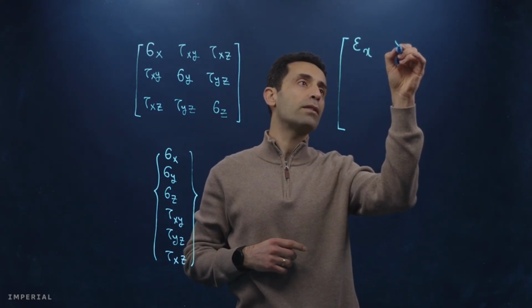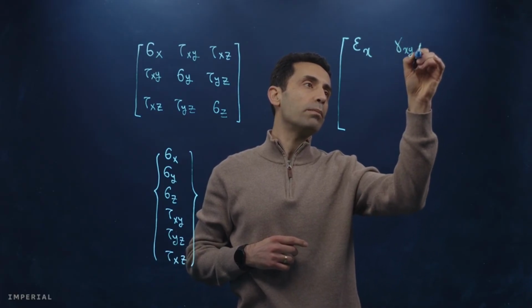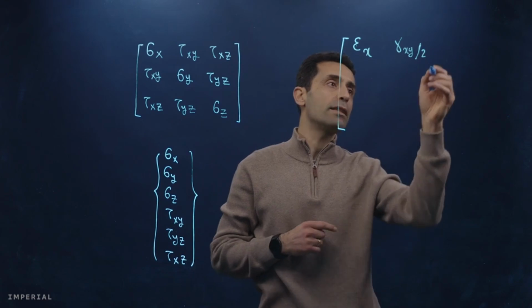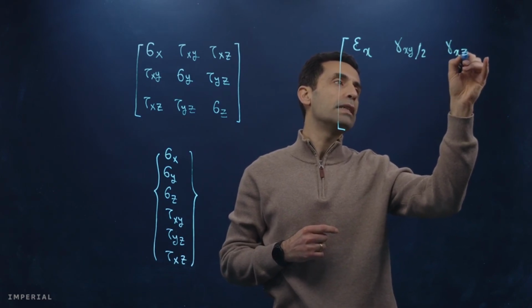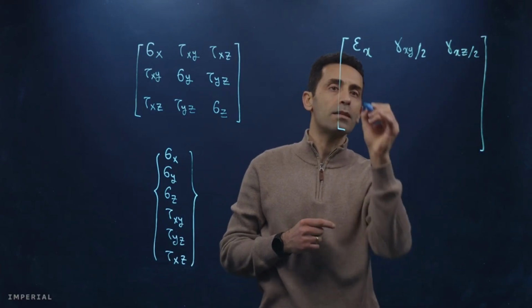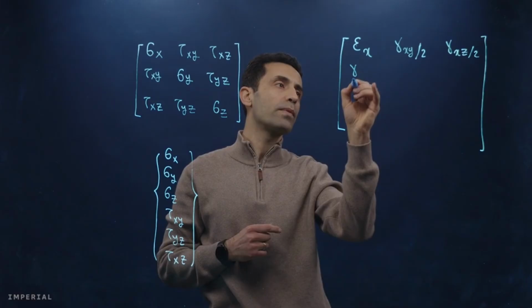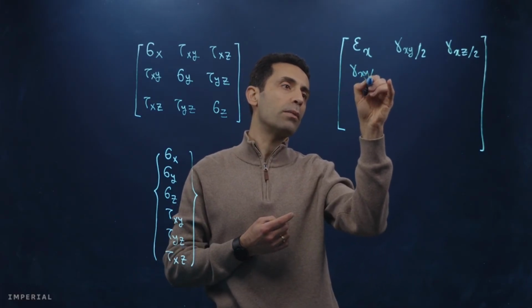So here we have gamma xy divided by 2, and here we have gamma xz divided by 2. And then similarly here you have gamma yx, which is equal to gamma xy divided by 2.